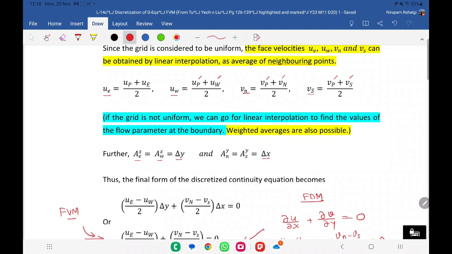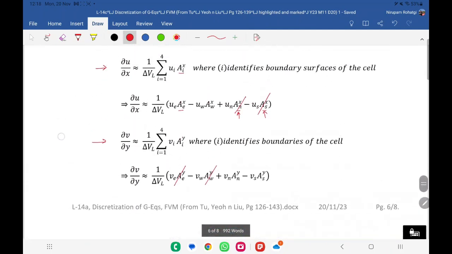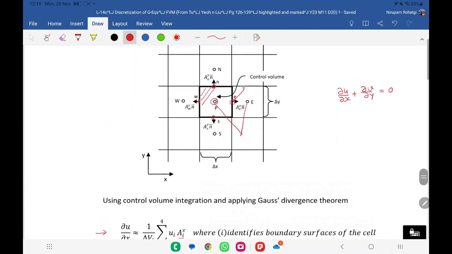Now I have missed this line here. If this grid is not uniform, then actually you have to find UE on the east surface. Now suppose the distance from here to here and from here to here is not the same. This is not equal. They are not equal to each other.